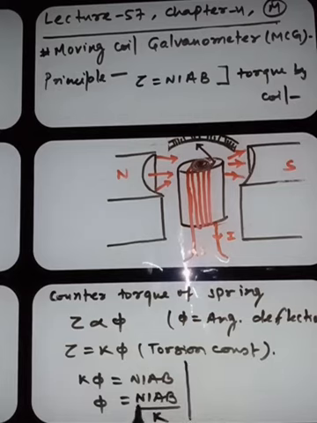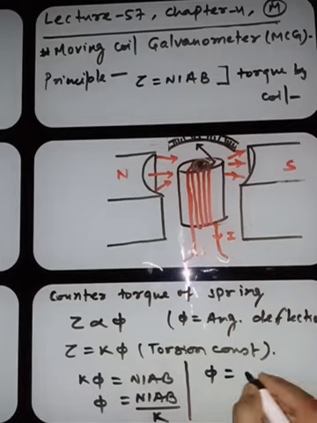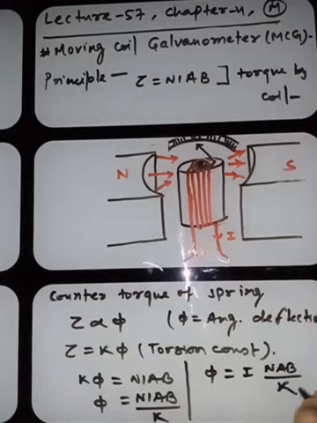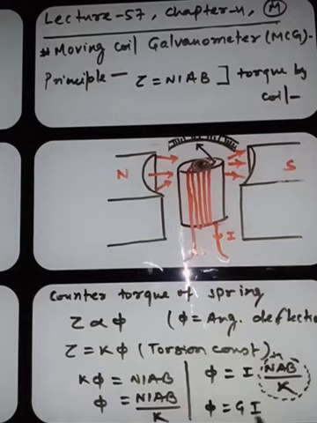N is constant, A is constant, B is constant, and K is constant. So phi is equal to I N A B by K. Actually, this is known as the galvanometer constant, G. Then we can write phi equals G I, where G is the galvanometer constant, and simply you can write phi is directly proportional to I.